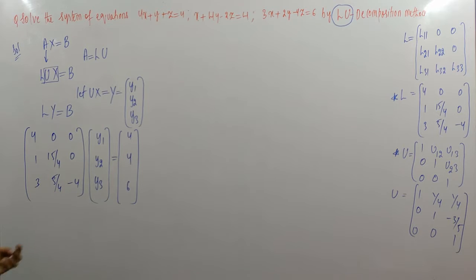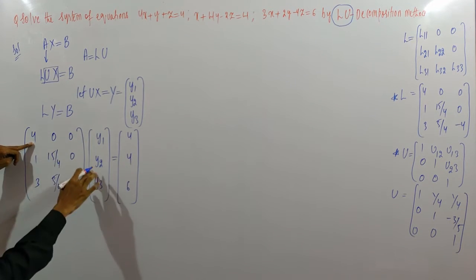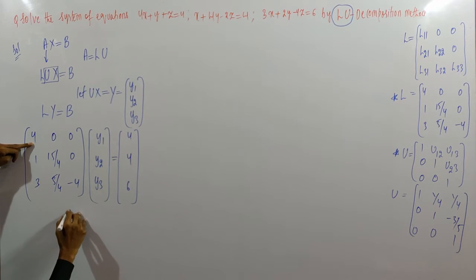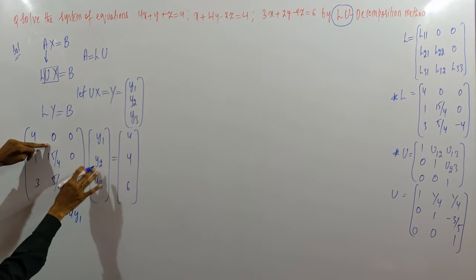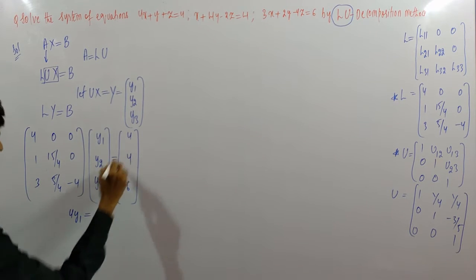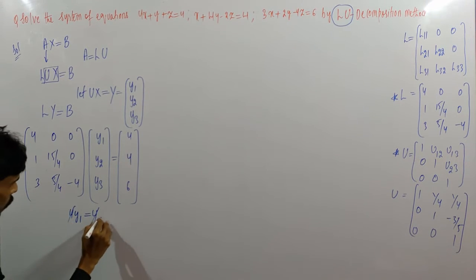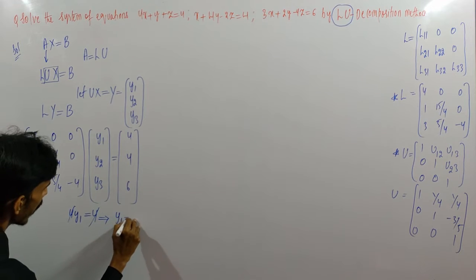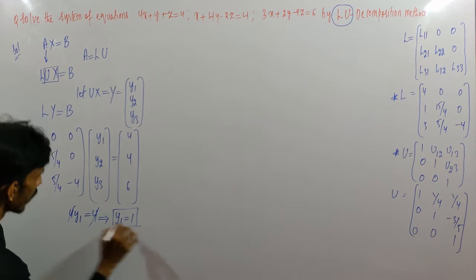Now by forward substitution, we can multiply row into column. We get 4 into y1 is 4y1, 0 into y2 is 0, 0 into y3 is 0, equal to 4. This 4 and this 4 get cancelled. We have y1 value as 1.